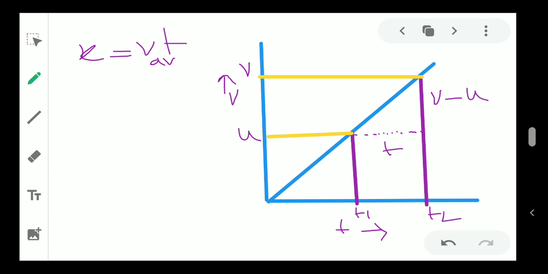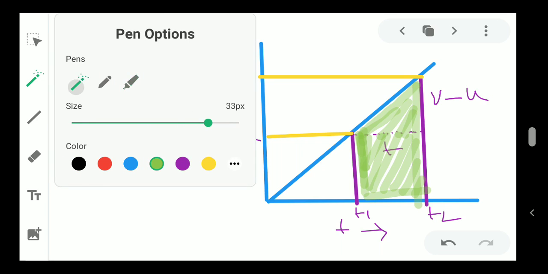Now what will be the relationship here, what will be the area under this certain portion of the curve? We have to find out this area.